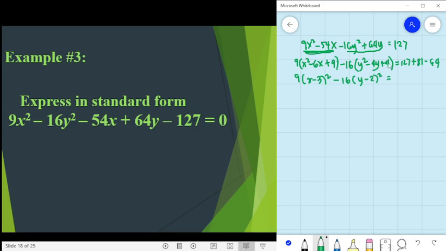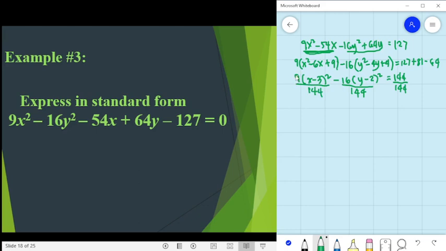And combining together 127 plus 81 minus 64, the answer is 144. Okay, from here, since our right side should be 1, we need to divide everything by 144.